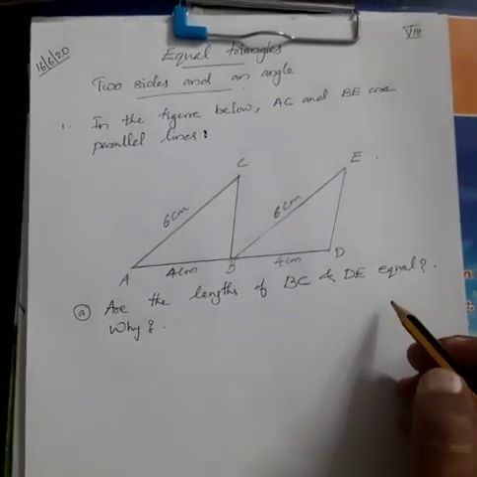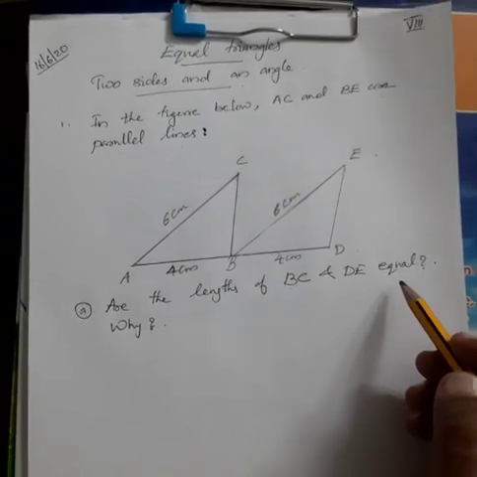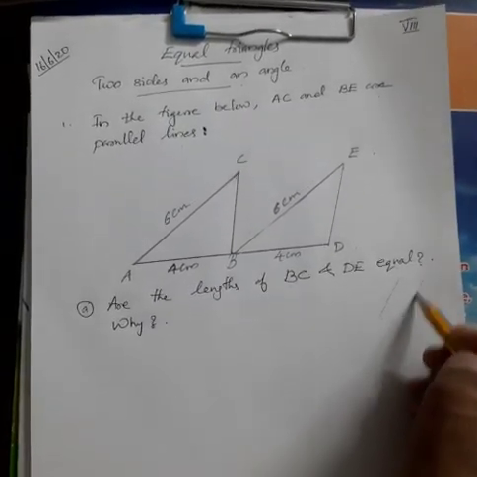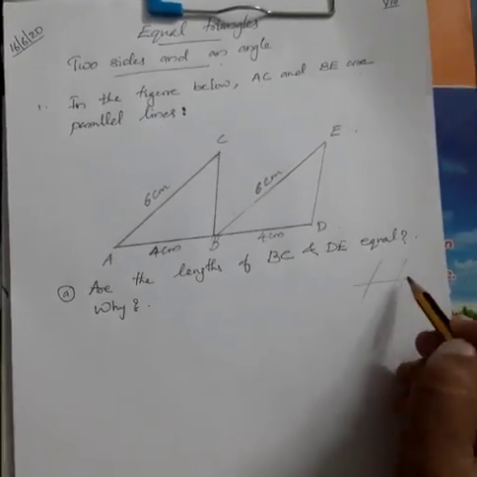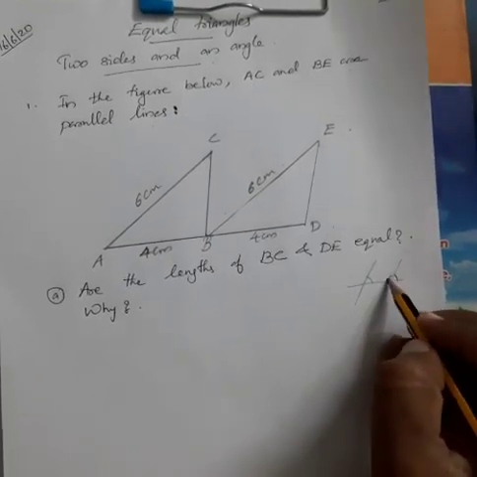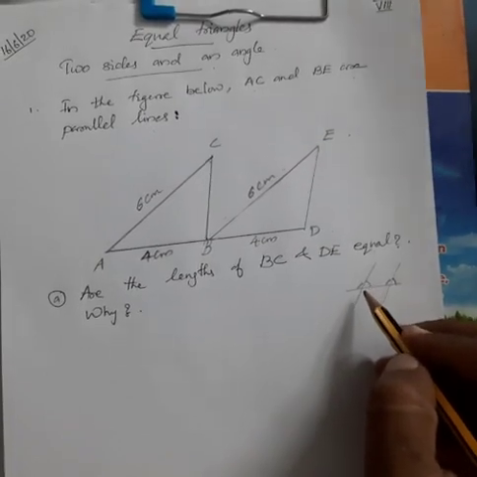In 7th we studied parallel lines and the angles formed in between. If two parallel lines are cut by a transversal, these two are corresponding angles, and this one is also a corresponding angle. They are equal.